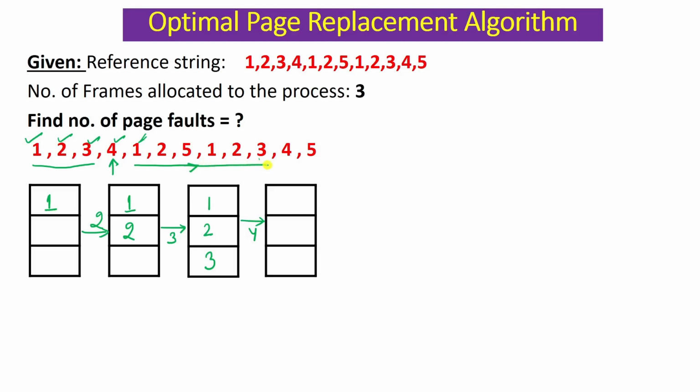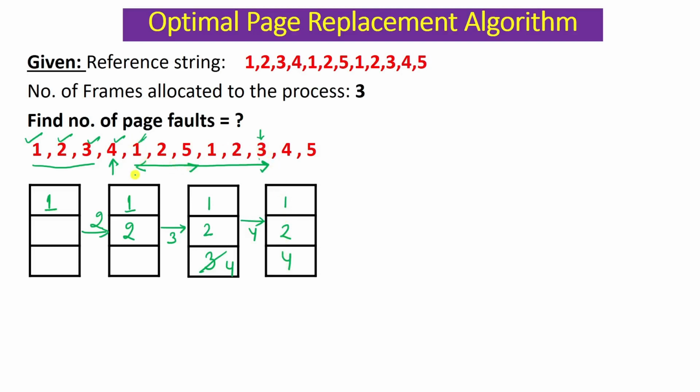If you see this window from here to here, you can see 1, 2, 3. Out of these, 3 is the page which will be used after a very long period of time. So the optimal algorithm will say that you can replace this 3. So 3 will be removed and 4 will be placed here. So I will say 1, 2 and 4.